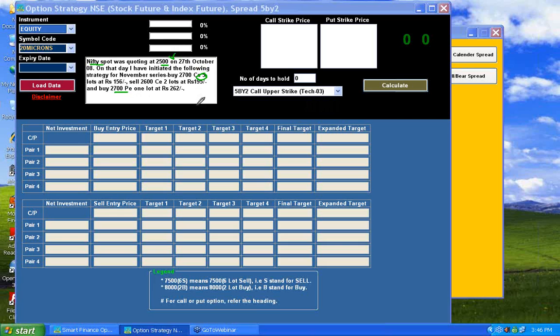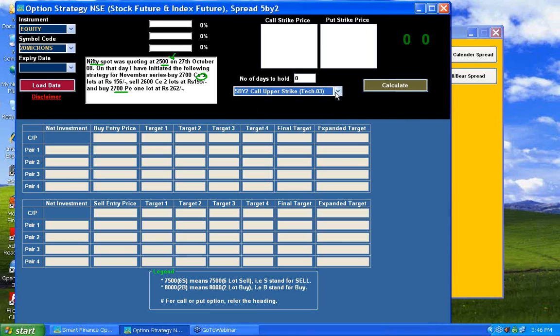This is what the 5 by 2 call with upper strike put strategy means. This is the theoretical view of why this strategy is taken and what the basis is; everything you will find in the book that comes with this product.